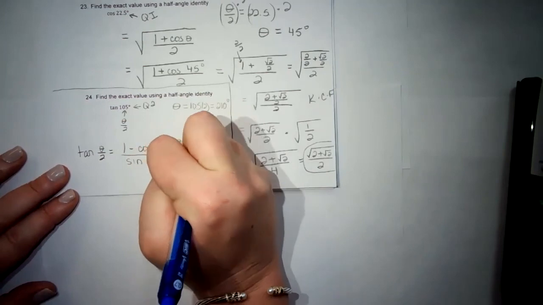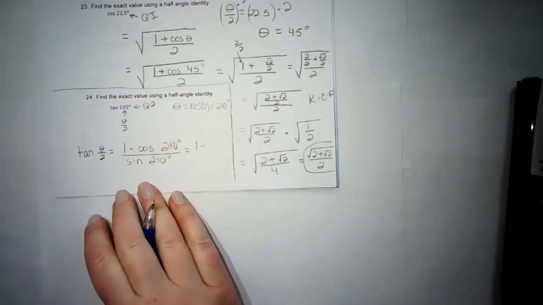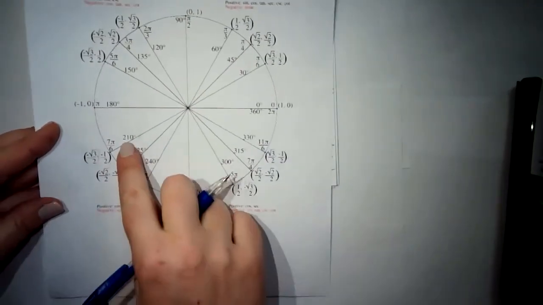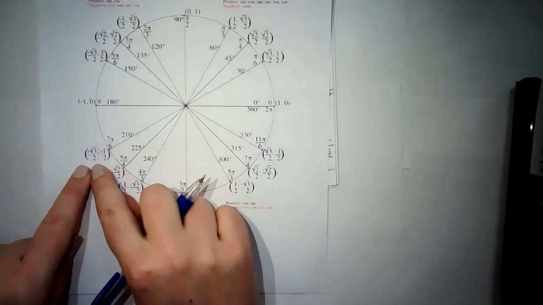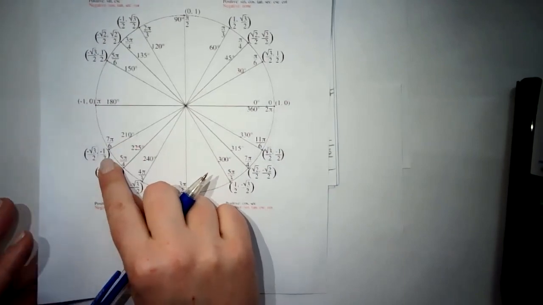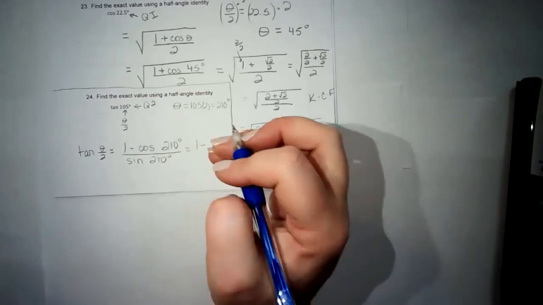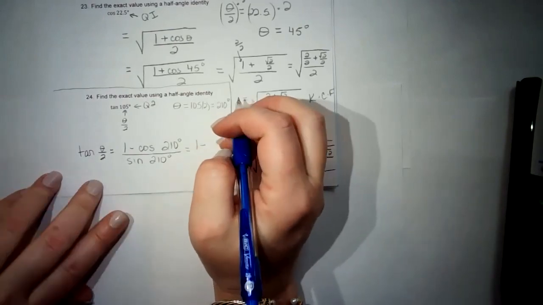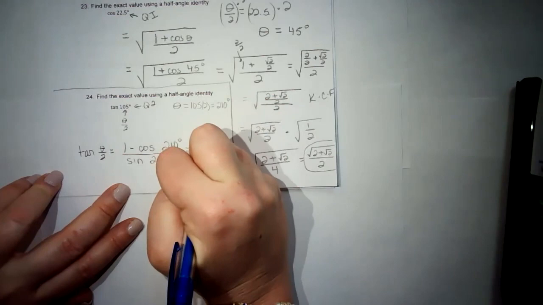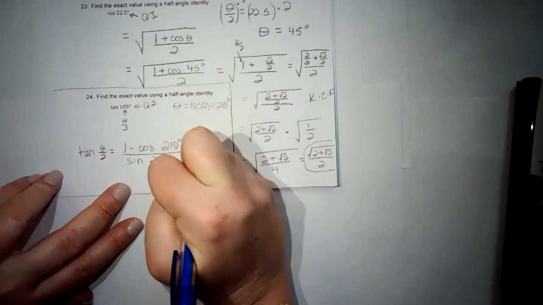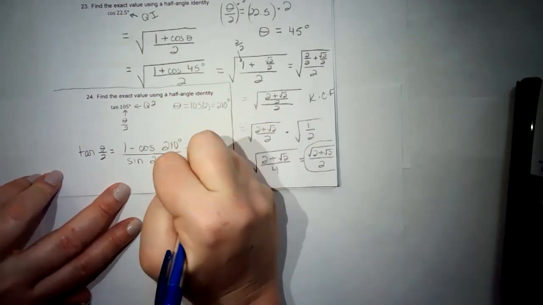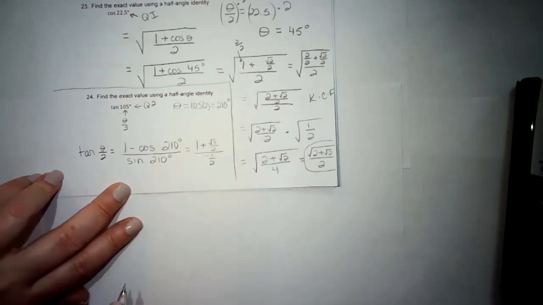Okay, here we go. I'm going to go to my unit circle and look up 210 degrees. Cosine is negative root of 3 over 2, and sine is negative 1/2. So I'm going to have 1 minus negative root of 3 over 2, which means plus, over negative 1/2.